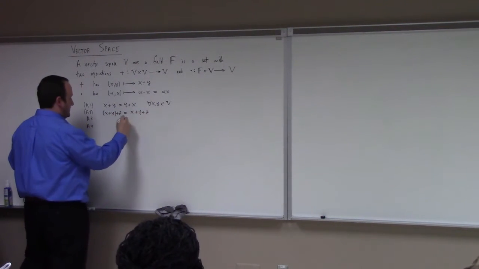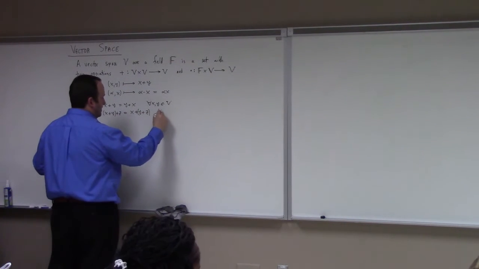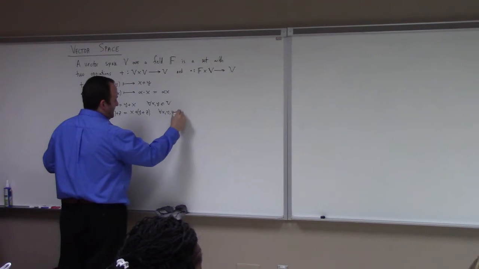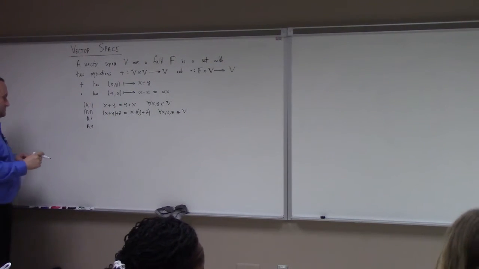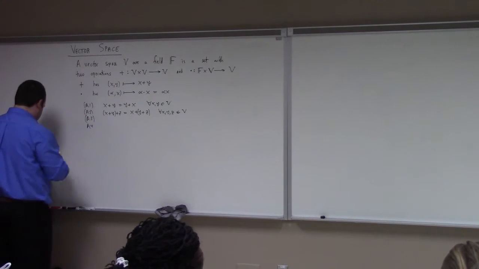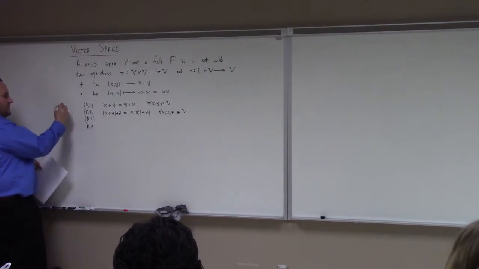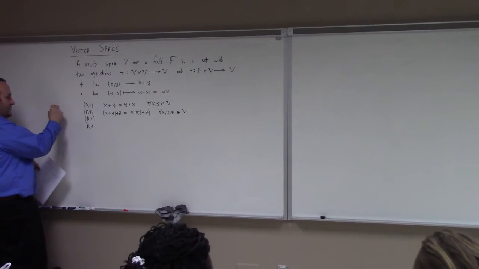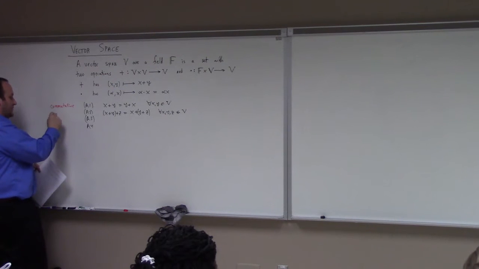So the first thing has a name, right? I'll put the name over here. So this is commutativity of addition, right? This right here is the associative property of addition.